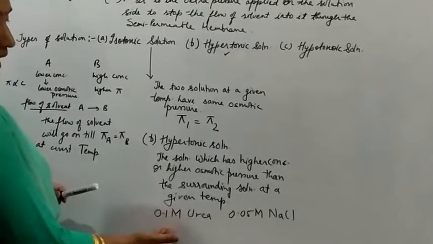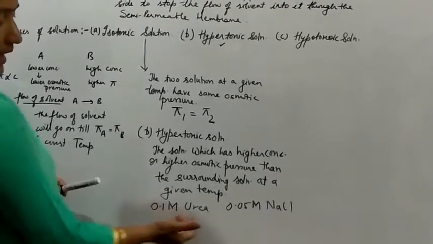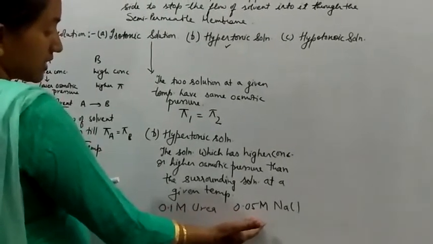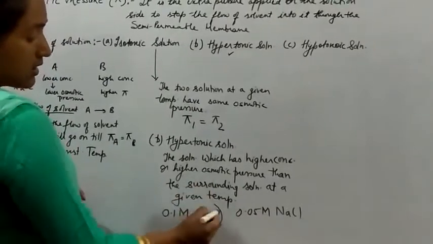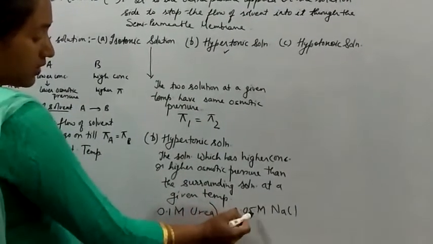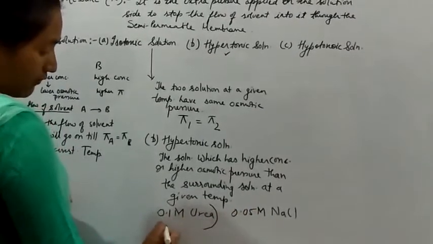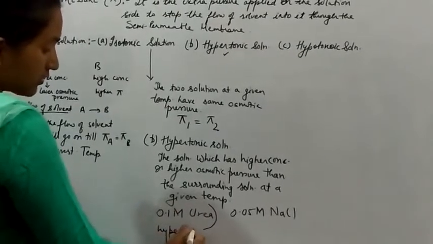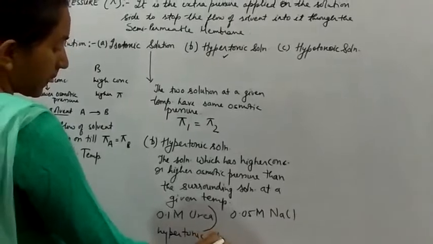If the concentration will be high, then the osmotic pressure is going to be higher. And here it is 0.05 m NaCl. So here the concentration is less. So this urea has 0.05 m NaCl in its surrounding. So 0.1 m urea is the hypertonic solution. Its concentration is high. It is a hypertonic solution.